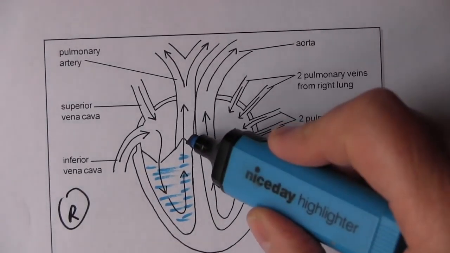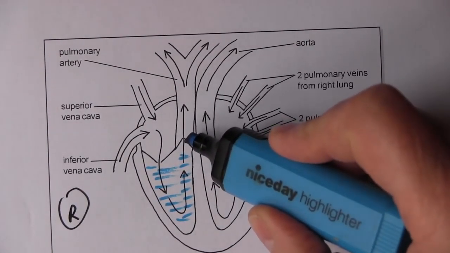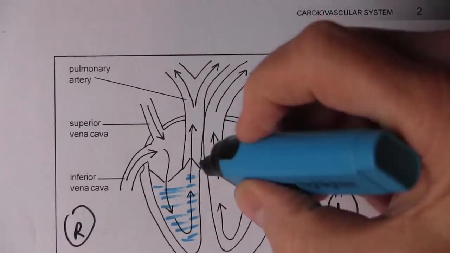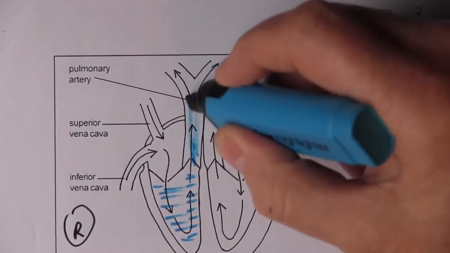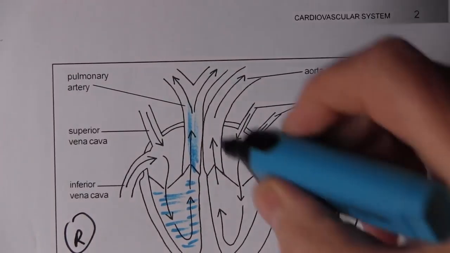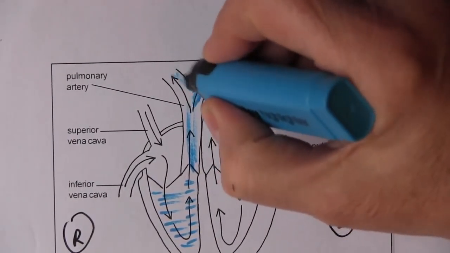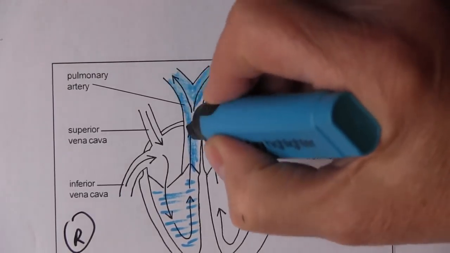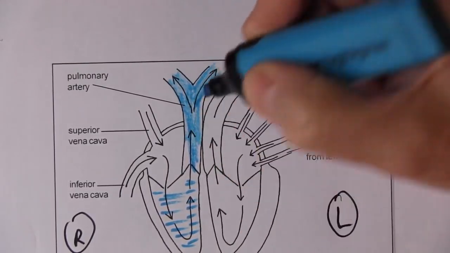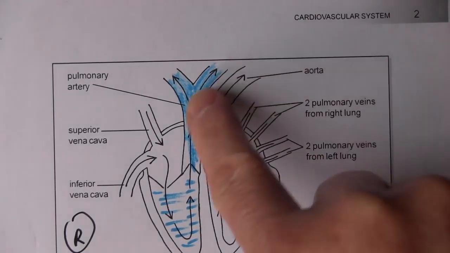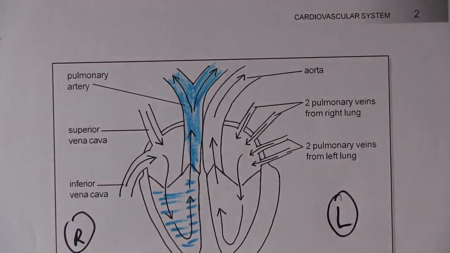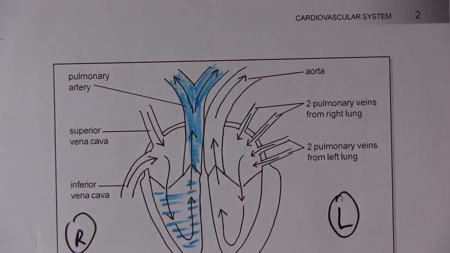That's going to go up through that valve there called the pulmonary valve, and the blood's going to go up into the pulmonary artery. Now, why does the pulmonary artery divide into two so quickly? Well, obviously one branch goes to each lung because you've got two lungs. So that's going to go to the left lung, that's going to go to the right lung, and the blood's going to circulate through the lungs, collecting the oxygen, giving up the carbon dioxide.